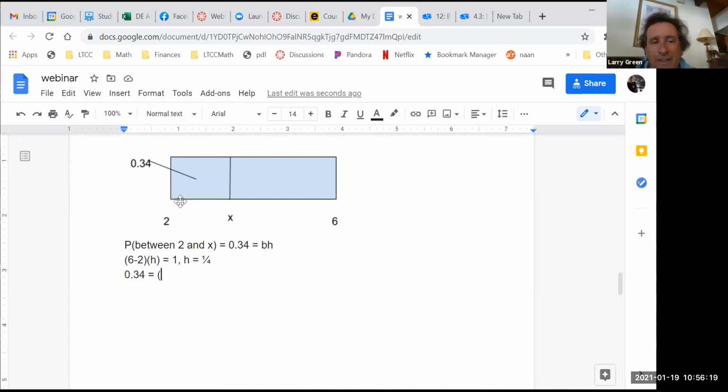Okay. If you want to find the base, then you want to find this length. If you want to find a length from one number to another, you subtract. So it's going to be x minus 2. Any questions on that? And the height was 1/4. Any questions on that?